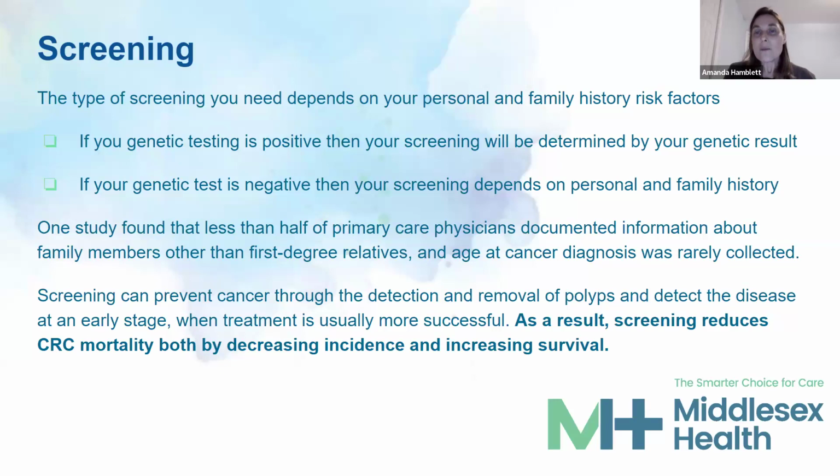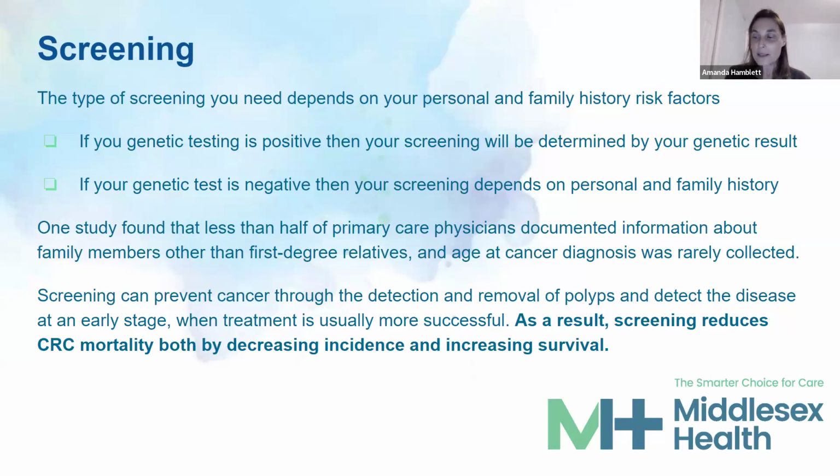So really, when we think about screening, we think about colonoscopies. They are one method that's used to screen for colorectal cancer. Screening with a colonoscopy actually does two things. It screens for colorectal cancer, but it actually helps to prevent developing colorectal cancer as well.